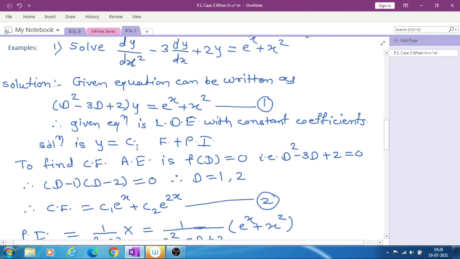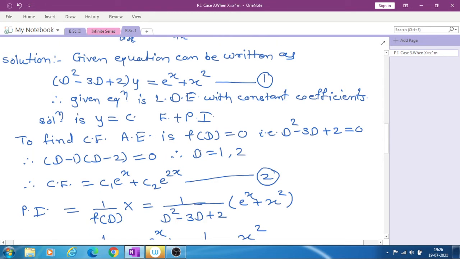To solve that equation, first we write that equation by using operator d. So by using operator d, we get d square minus 3d plus 2 operates on y is equal to e raised to x plus x square.